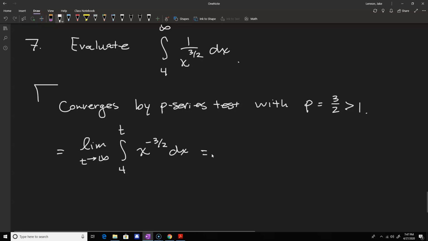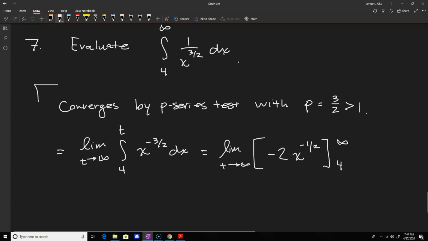That just makes taking the antiderivative easier. So again, add 1 to the power and then divide by that. So we're going to get negative 2 x to the minus 1/2 from 4 to infinity.